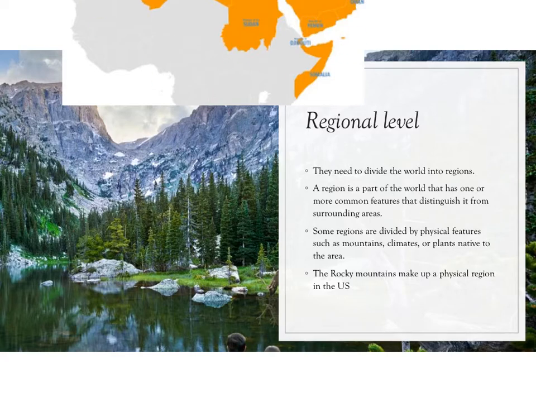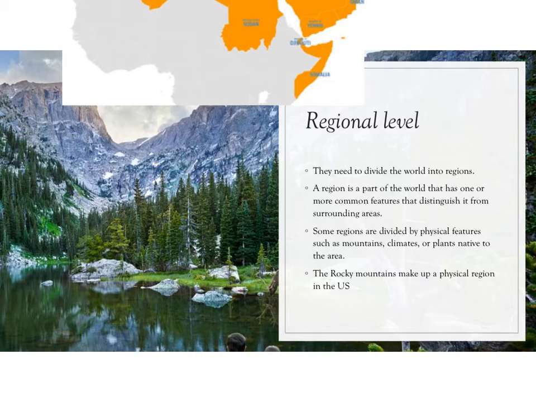So people share a common feature, which is the language. A region is a part of the world that has one or more common features that distinguish it from the surrounding areas. So this is what we mean by region. How do geographers divide the world into regions? They choose common features, and they start to divide the world into regions.